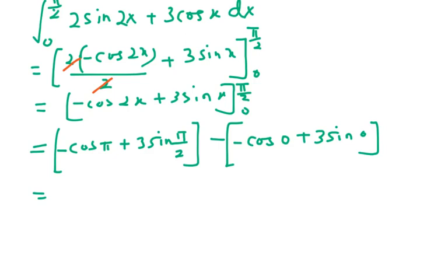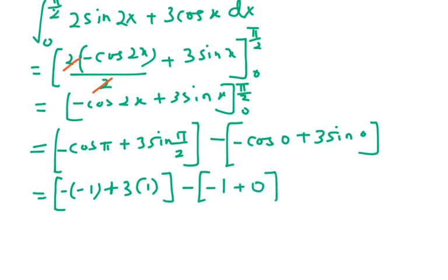Continue with this. Cosine of pi gives us negative 1. So negative times negative 1 plus 3 times 1, since sine of pi over 2 is equal to 1. Minus negative cosine of 0, which gives you 1, plus sine of 0, which gives you 0.